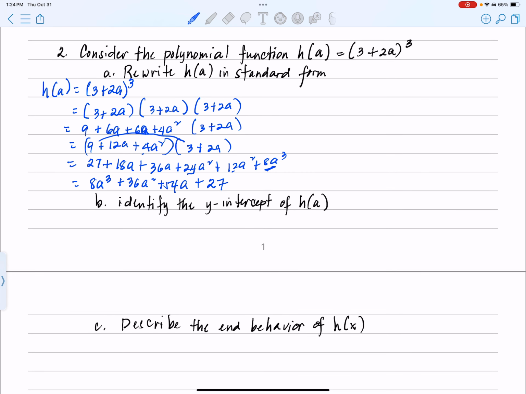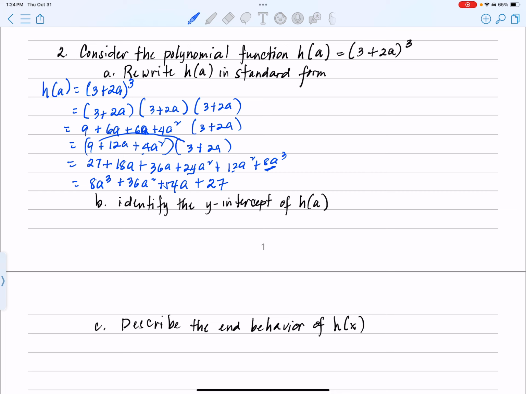Okay, identify the y-intercept of h of a. Now, for the y-intercept, the first thing we have to look at is the constant term of the function when it's written in standard form.